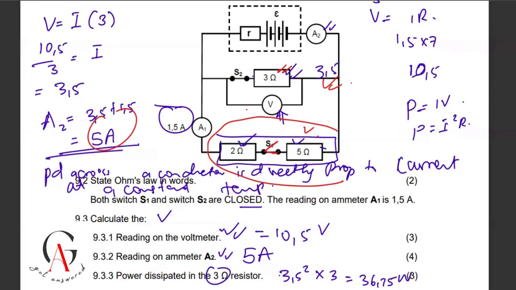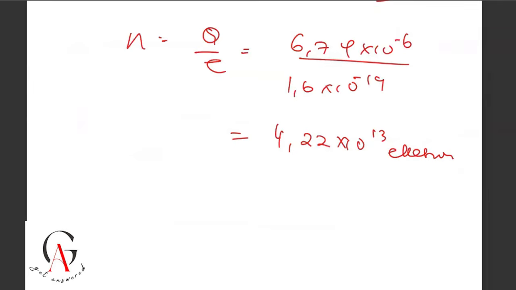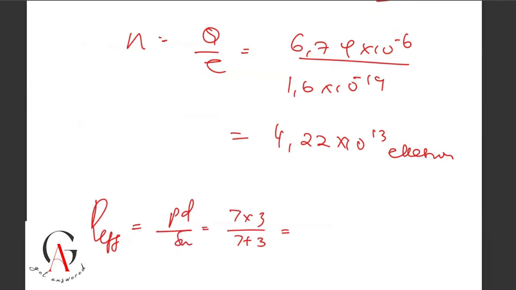So it was a 7 and a 3 in parallel. Effective resistance R is going to be the product over the sum. So it's 7 times 3 over 7 plus 3, which is 21 over 10, becomes 2,1. This is our R external.